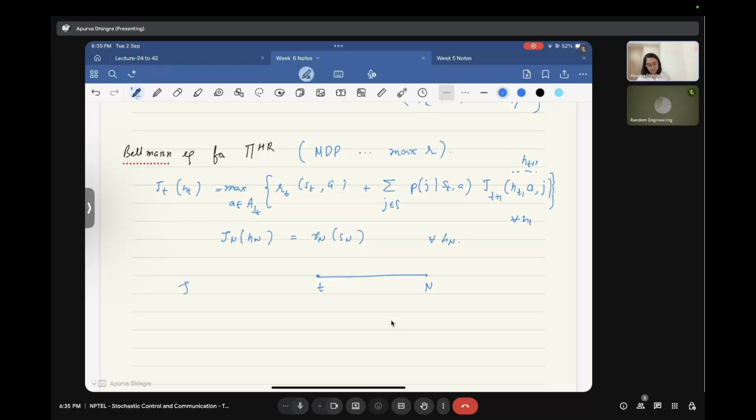So, jt of ht, once solved for, once optimized for, gives us mu t star. And this will be a part of some pi t star, for which we would have already computed the previous ones, and we'd add on this as well.